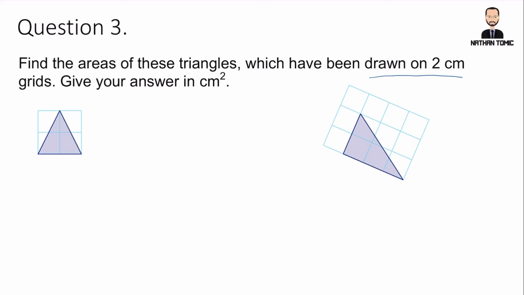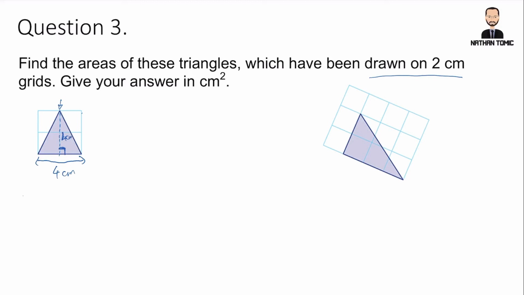So what we can in fact say here is that this measurement across here, because it goes over 2 cubes, is 4 centimeters, and this here would become our height. Right? It's perpendicular, so it is at 90 degrees, and it goes up to the vertex. This is the vertex here where we have 2 lines intersecting, and again it goes up 2 squares, so the height would also be equal to 4 centimeters.